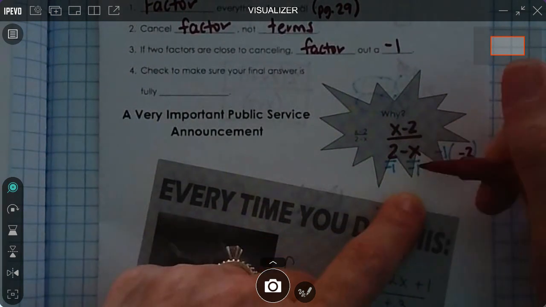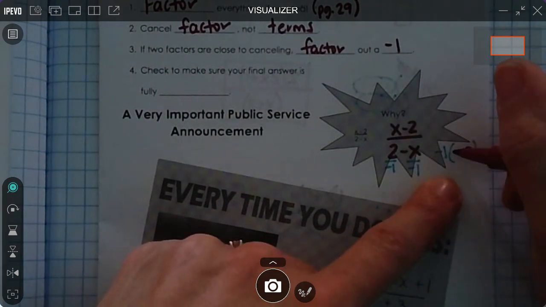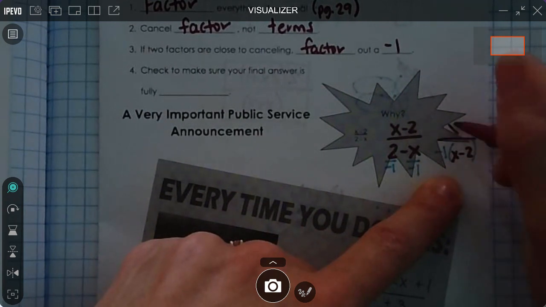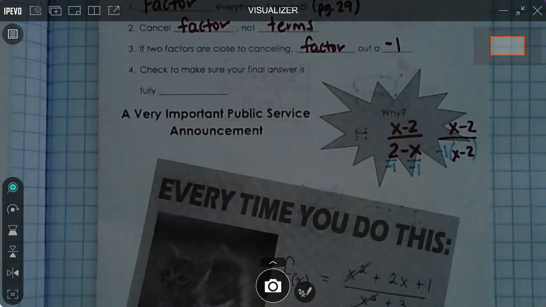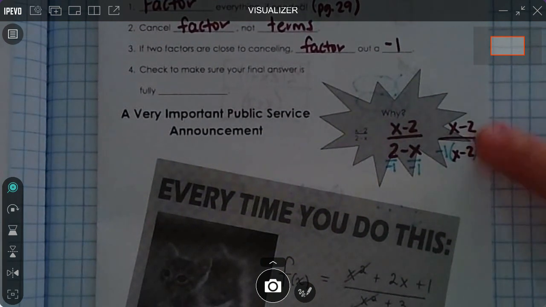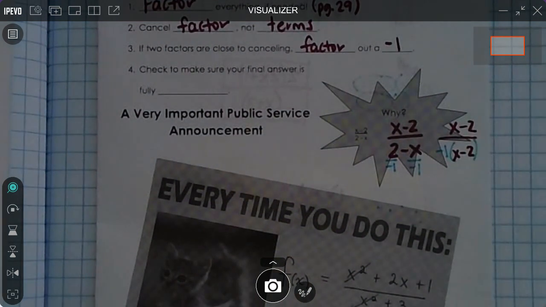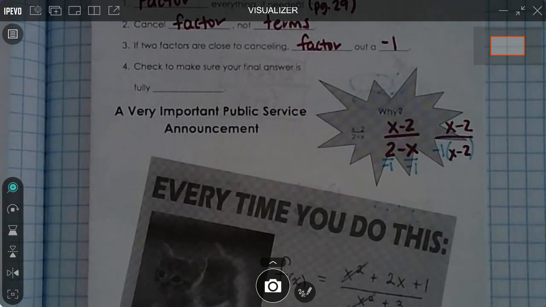What's negative x divided by -1? What kind of x? Now, look at that. Are those factors exactly the same now? Yes. Are you going to see that a lot? No, but it can happen. That's what you can do. Okay? Sound good? All right, when we get back, we'll finish this real fast.